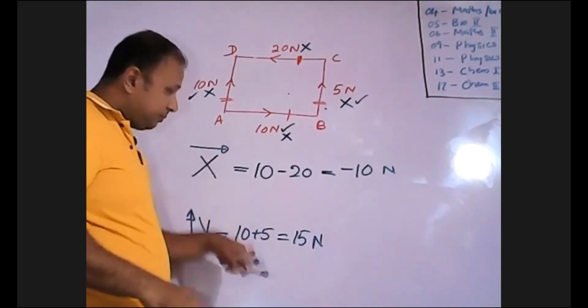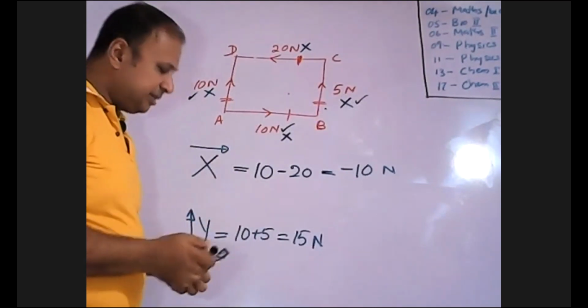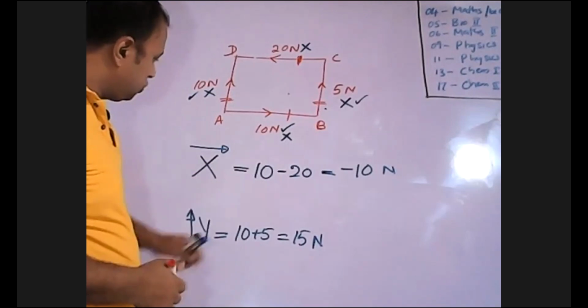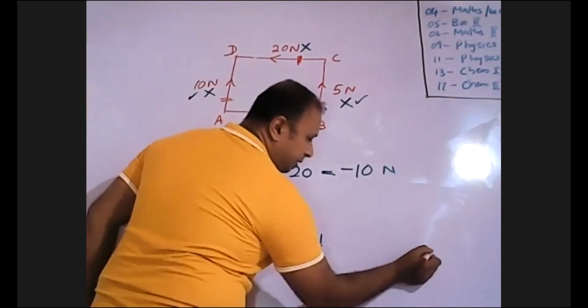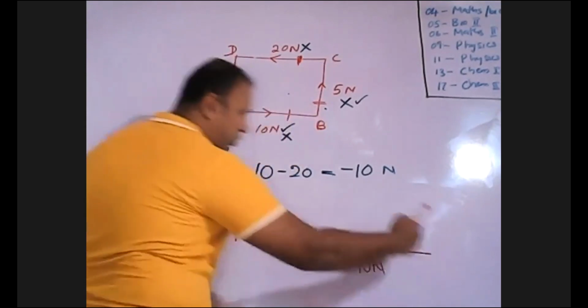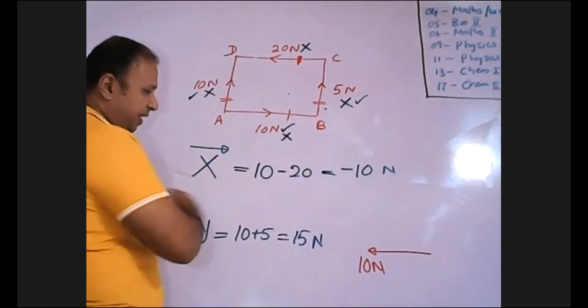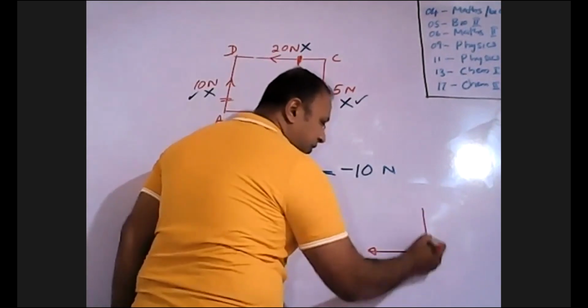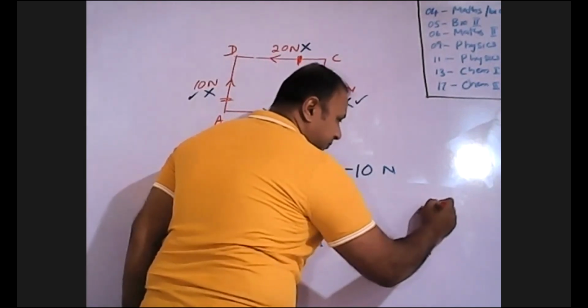Then I can draw the vector system again using these two components. Now this vector system is reduced to 10 Newton in this direction to the left hand side and 15 Newton in the upward direction.